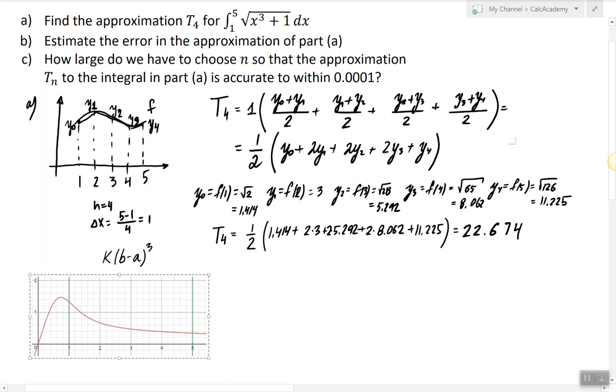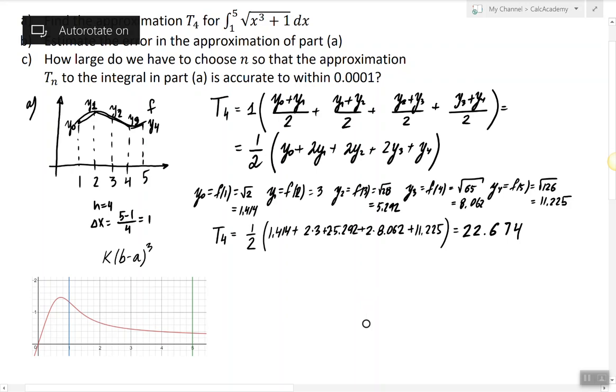Just by looking at it on the interval from 1 to 5, we can tell that the upper bound occurs at x equals 1, and it's definitely less than 1.4. So we can set K to be equal to 1.4.